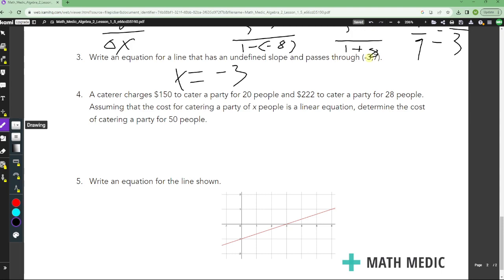Number 4: a caterer charges $150 to cater a party for 20 people and $222 to cater a party for 28 people. Assuming that the cost for catering a party of x people is a linear equation, determine the cost of catering a party for 50 people. What we're going to do is first find the price per person.